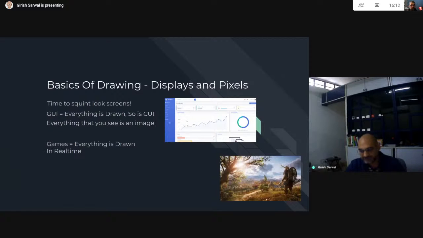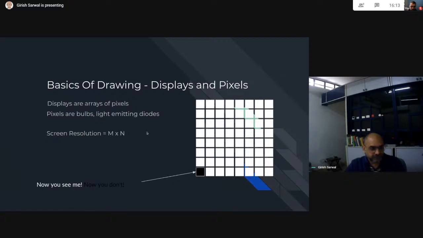That's one basic change in thought process that we have to accept when we start writing for games. With games, everything is drawn in real time. So you're always drawing, you're always calculating, and you keep on doing this in a loop. And that was the premise of our second assumption that we made when we started.